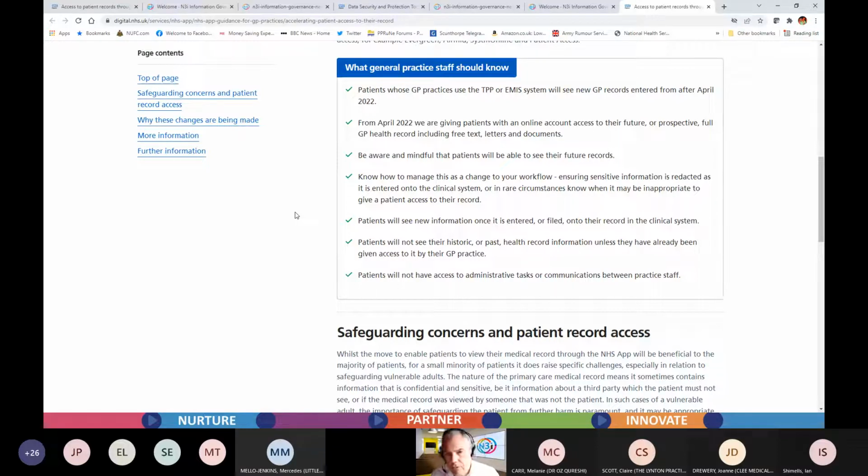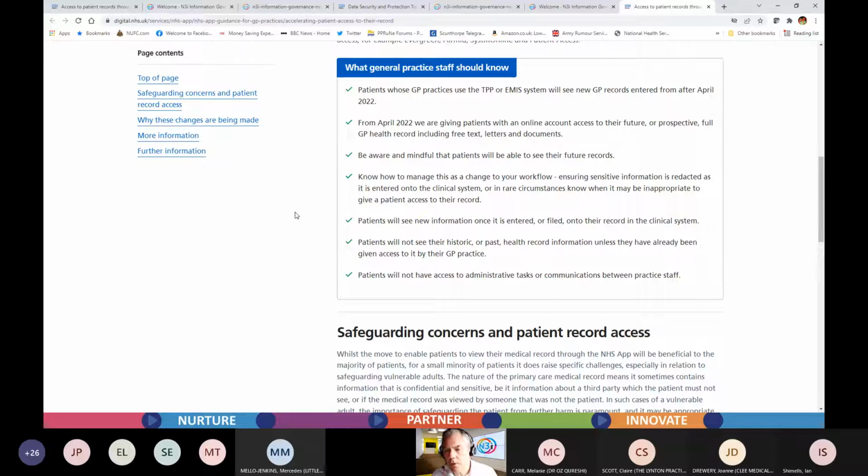So the fundamental point of it is that if you're using TPP or EMIS, from a date to be published sometime in April, patients will be able to see the entries to their records, or essentially anything that gets entered onto their GP record from that date going forward.